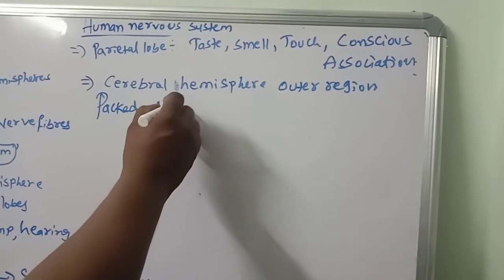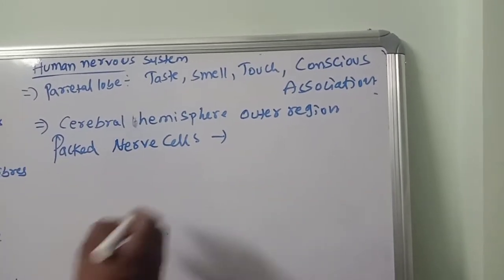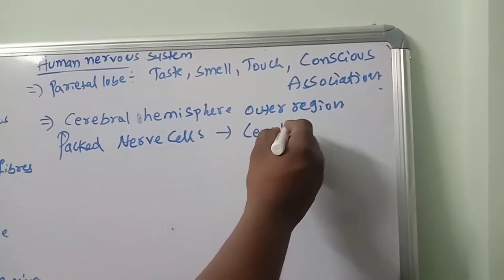These packed nerve cells are called the cerebral cortex.